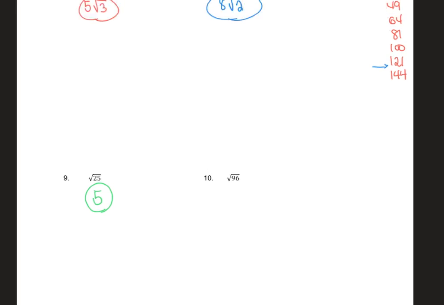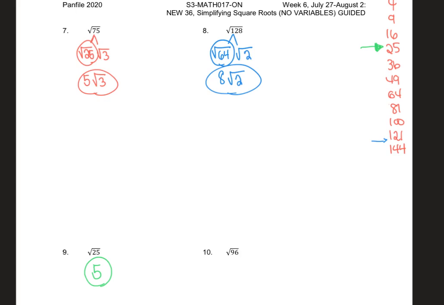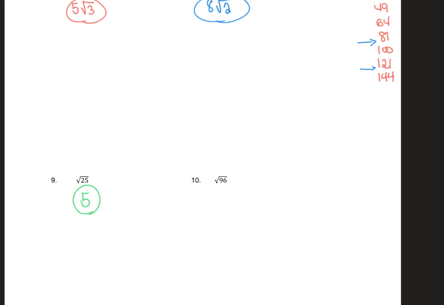All right, 96. If I move up, just so I don't have to write my list one last time. Okay, 96 is right here between 81 and 100. If you divide into it, 81 is not going to work, 64 won't work, 49, 36, 25, it's going to end up being 16, and it'll be 16 and 6.